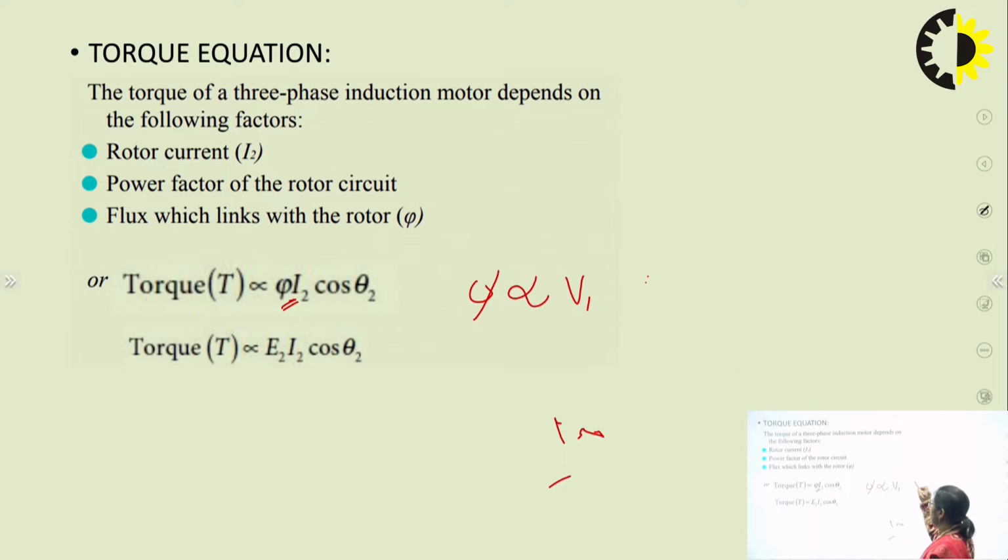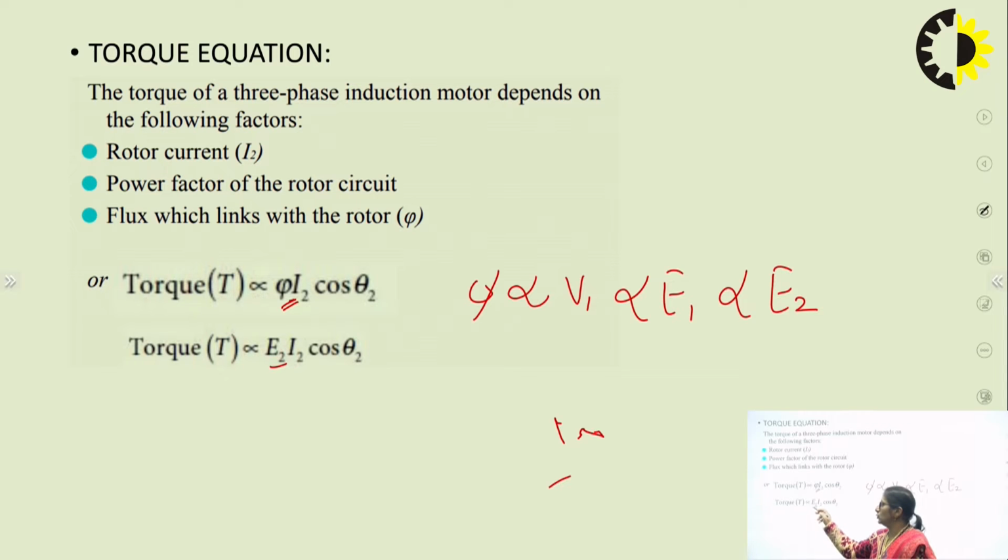This V1 is proportional to the induced EMF in the stator windings, and is proportional to E2, the induced EMF at standstill condition on the rotor side. So considering flux proportional to E2, the torque is proportional to E2, I2R and cos phi 2R at running conditions.